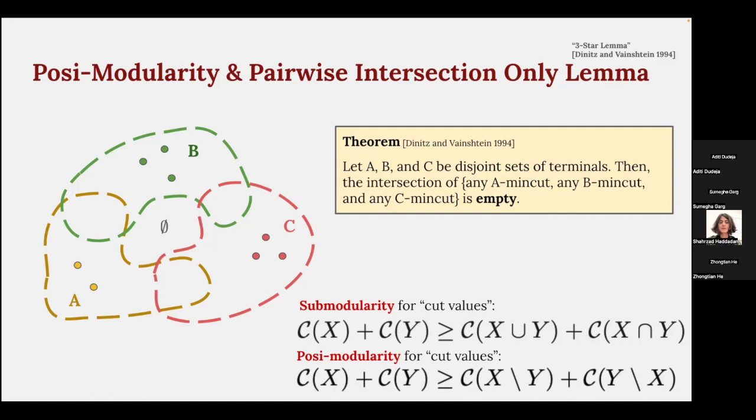I think I won't have time to tell you the proof of this theorem, but intuitively it rules out the case that there is an intersection here, because we can count the contribution of some edge from here to here. For example, you can prove by contradiction that there exists some edge from the intersection part to somewhere else.